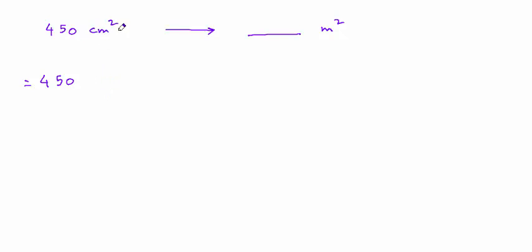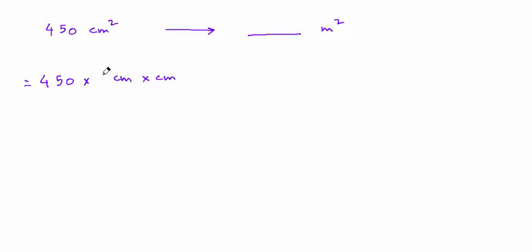It comes from the fact that we must have multiplied one unit of length with another unit of length, both of them expressed in centimeters. So I'm going to write this as 450 times a centimeter times a centimeter. After all, that's how we get a centimeter square.